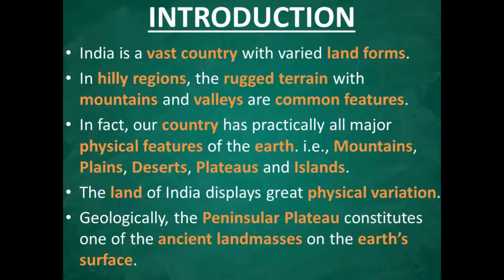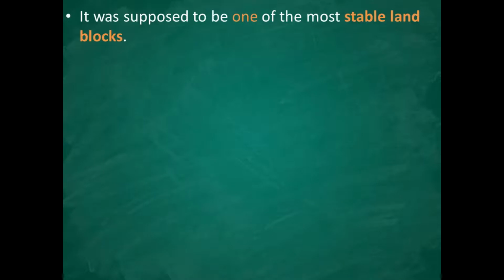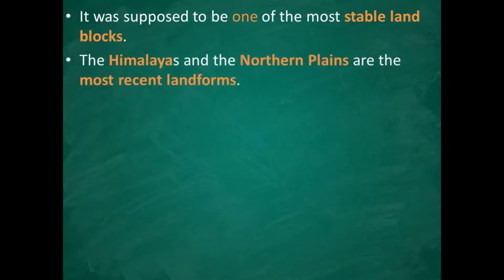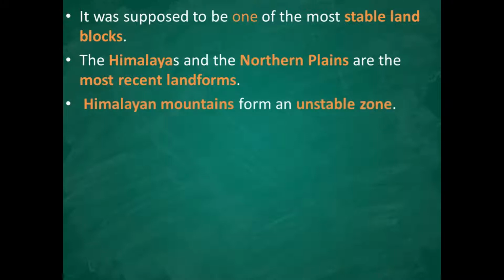Geologically, the Peninsula Plateau constitutes one of the ancient landmasses on the Earth's surface. It was supposed to be one of the most stable land blocks. The Himalayas and the northern plains are the most recent landforms. The Himalayan Mountains form an unstable zone.